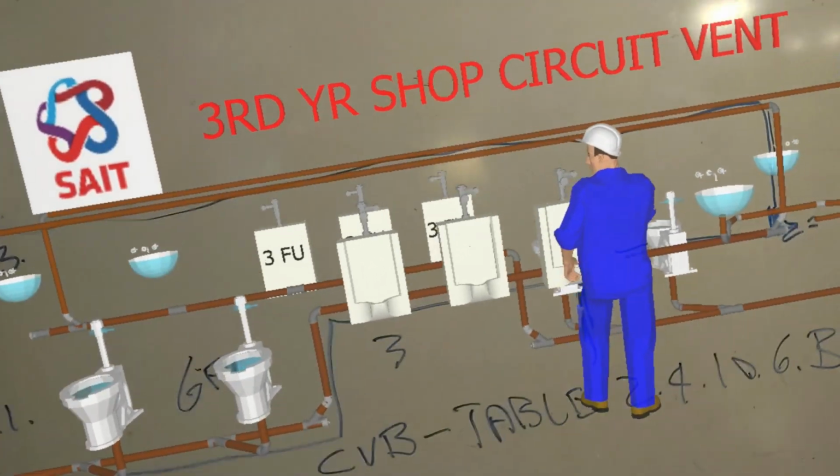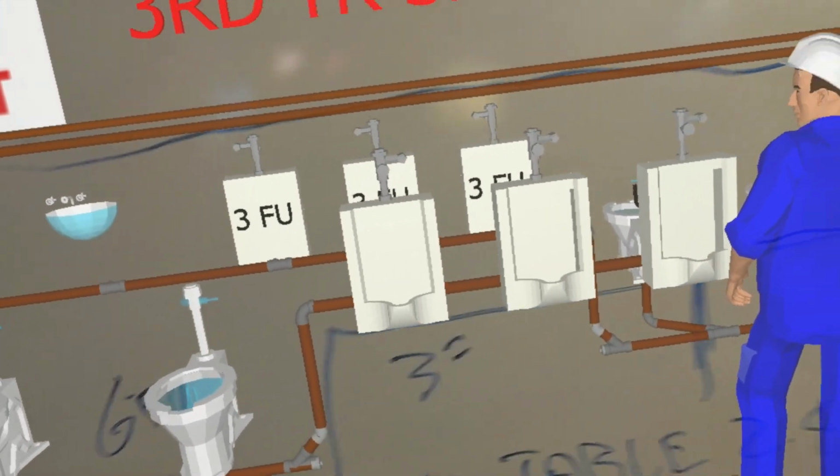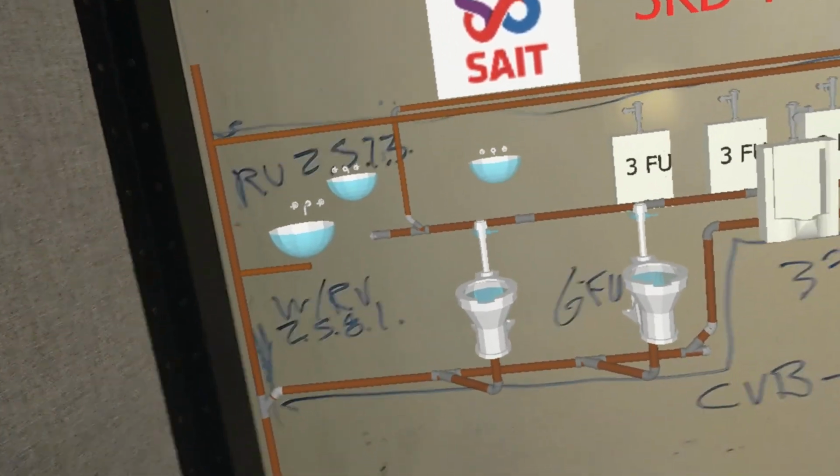So this ultimately will be a 3-inch circuit vented branch right down to here.